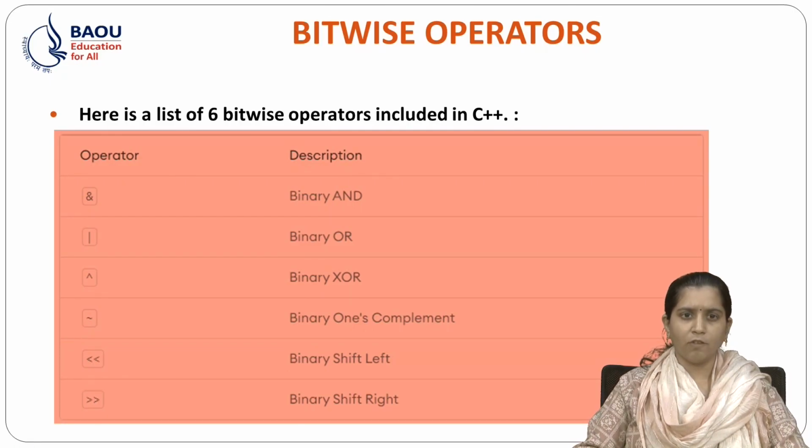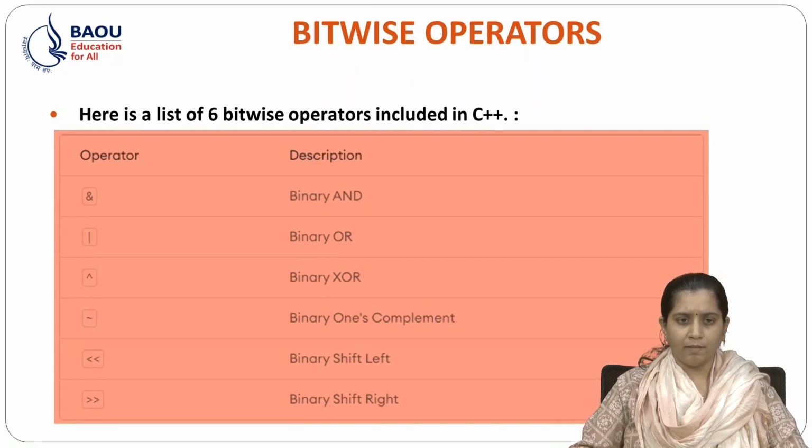Here is a list of 6 bitwise operators included in C++: binary AND, binary OR with a single vertical line, binary XOR with a caret symbol, binary ones complement, binary shift left with the insertion operator, and binary shift right with the extraction operator.